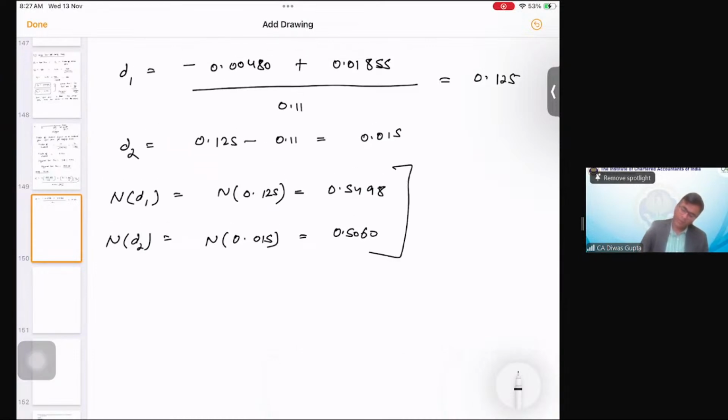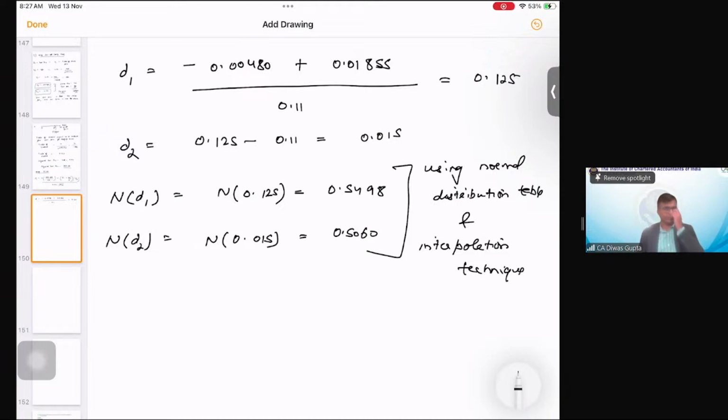So using the normal distribution table and interpolation technique, we are able to arrive at this value.